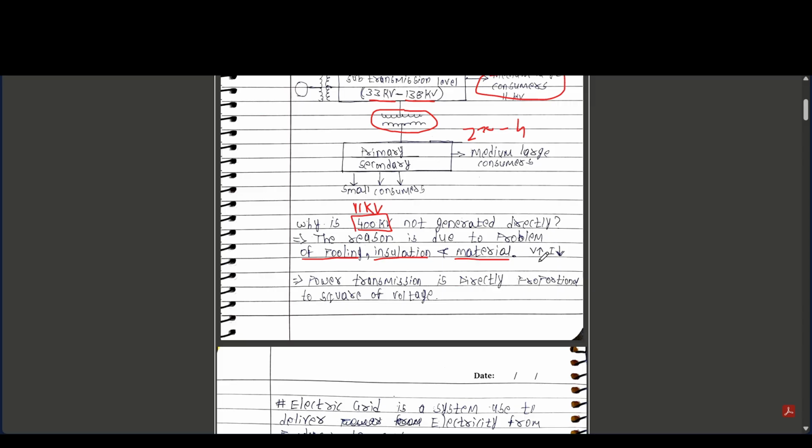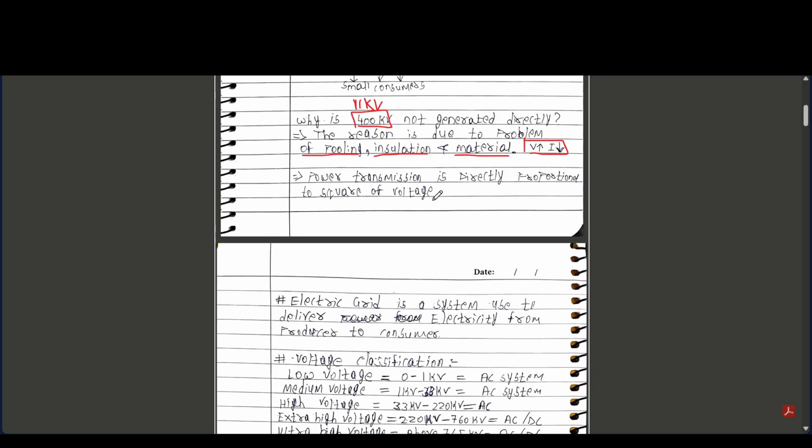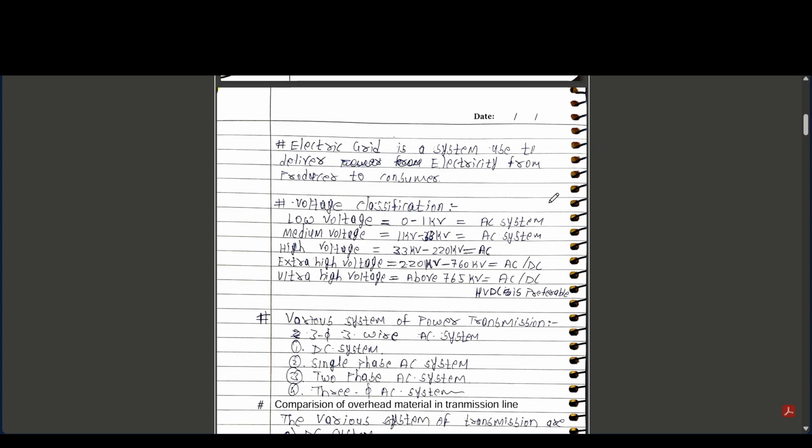When the voltage increases, current decreases, right? Okay, so power transmission is directly proportional to the square of voltage. So keep this in mind that the square of voltage is directly proportional to the transmission. Okay, then what is electric grid? Electric grid is a system used to deliver electricity from producer to consumer.